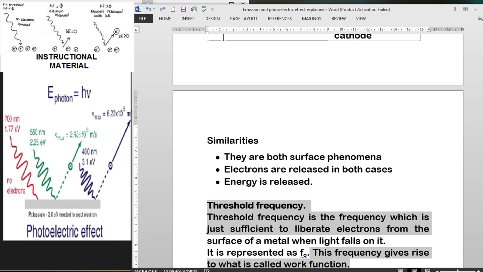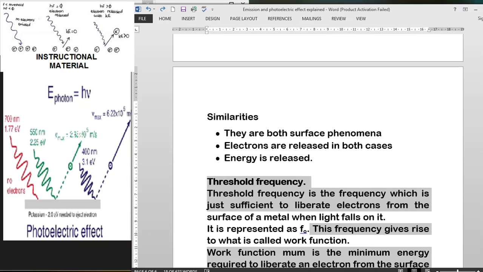Threshold frequency is the frequency which is just sufficient to liberate electrons from the surface of a metal when light falls on it.